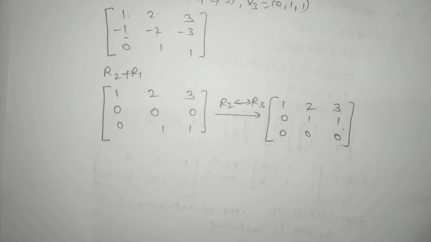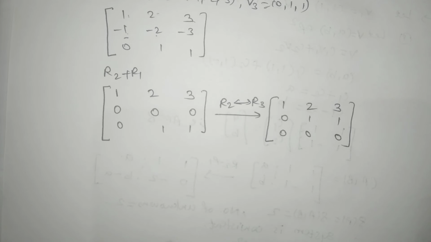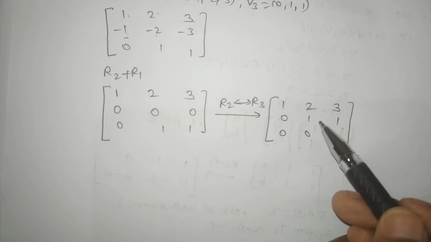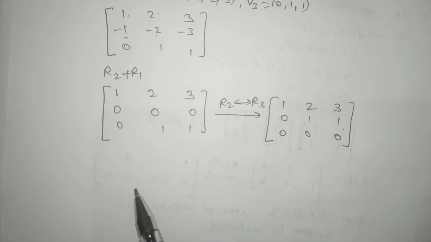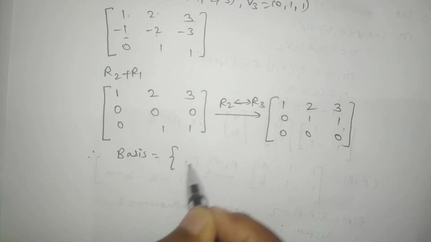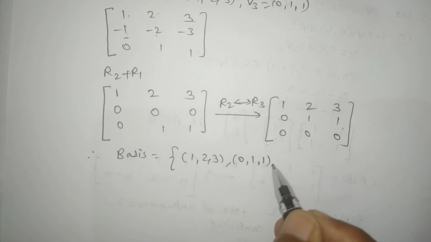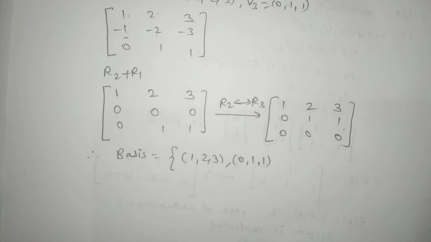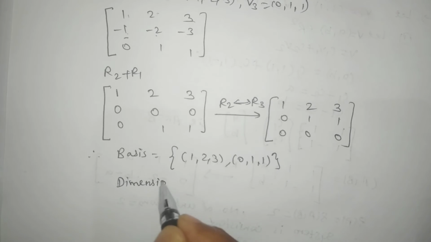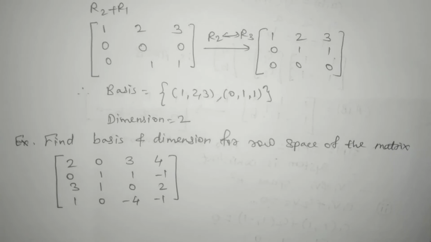So see, this is in echelon form, and only 2 non-zero rows are there. So these non-zero rows are nothing but the basis for the given span. Therefore the basis set is the vector 1 2 3 and the vector 0 1 1. This is the basis. Okay, and what is the dimension? The number of elements in the basis set. So the dimension is 2. So this is the solution for this example.